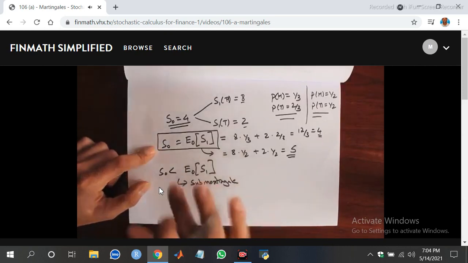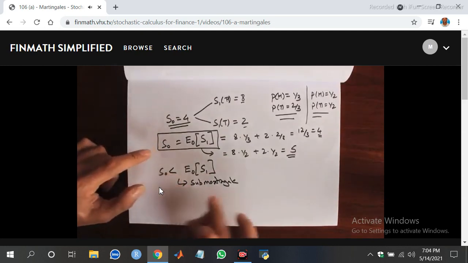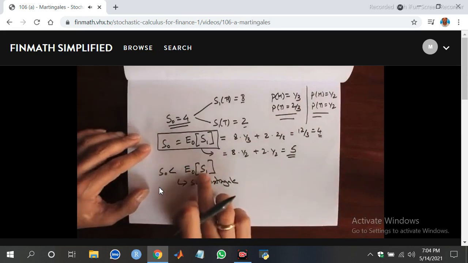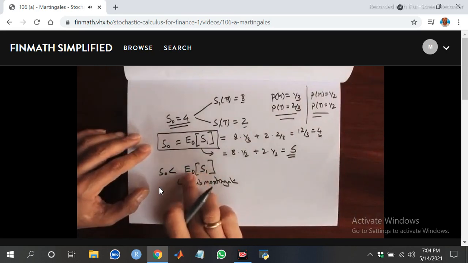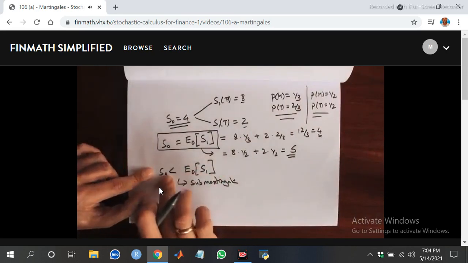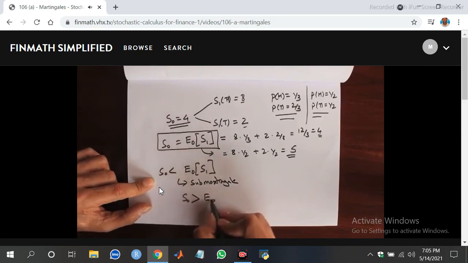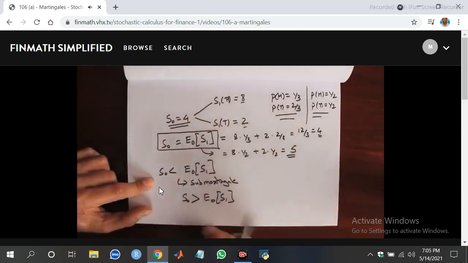Okay? So martingale, the expectation is constant. Sub-martingales basically have a tendency to rise. So we can see expectation of S1 at time 0 is higher than S0. So they tend to rise, okay? If on the other hand, in another probability measure, the expectation had a tendency to go down, then this would be called a super martingale.